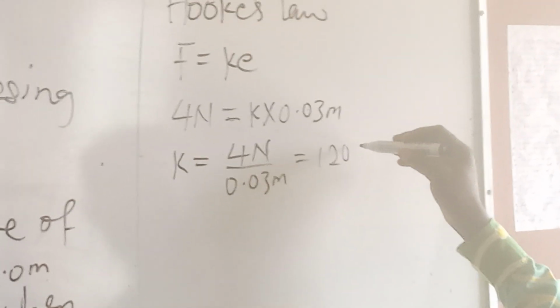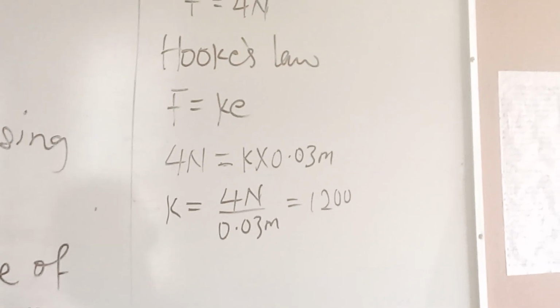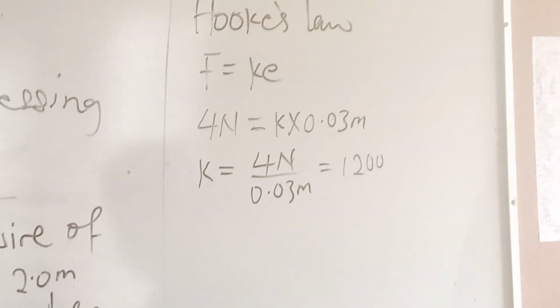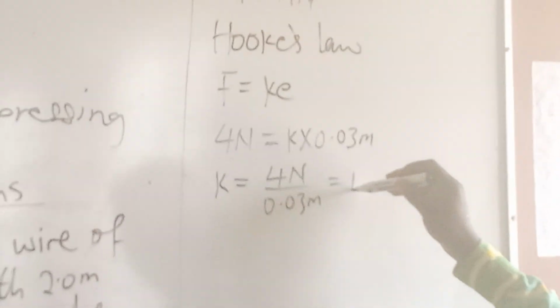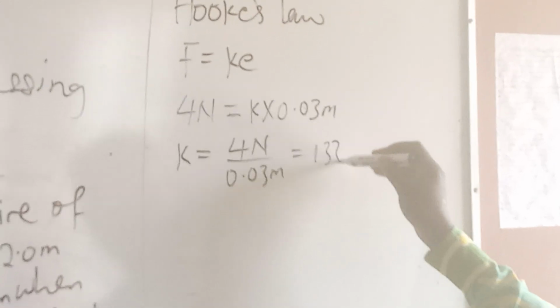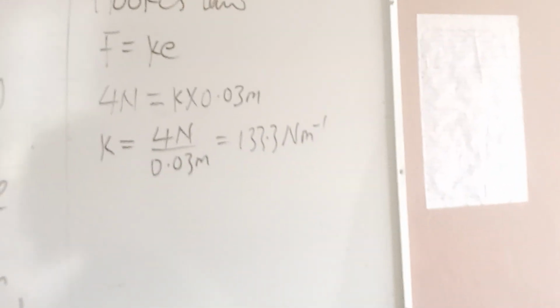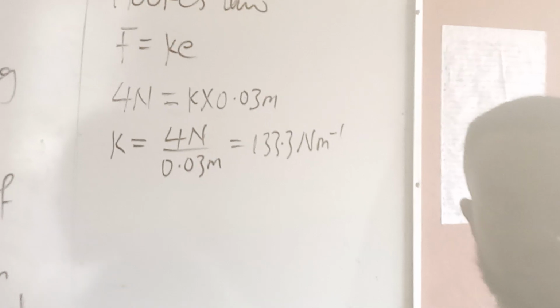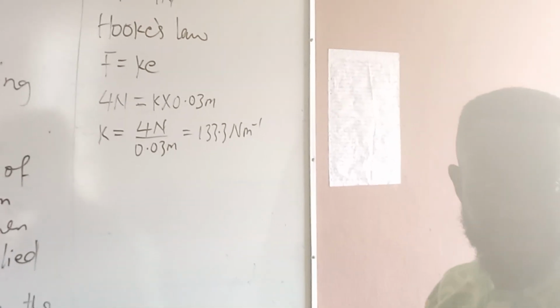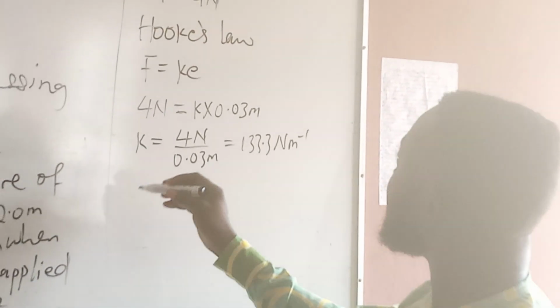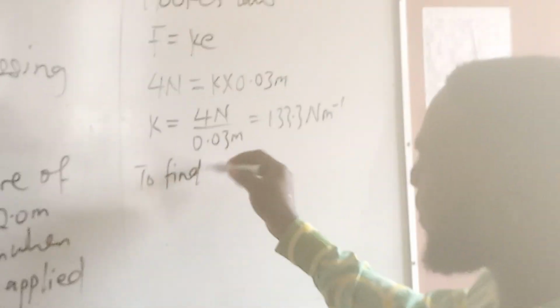Check it out with your calculator. It gives you 133.3 Newton per meter. That's one.